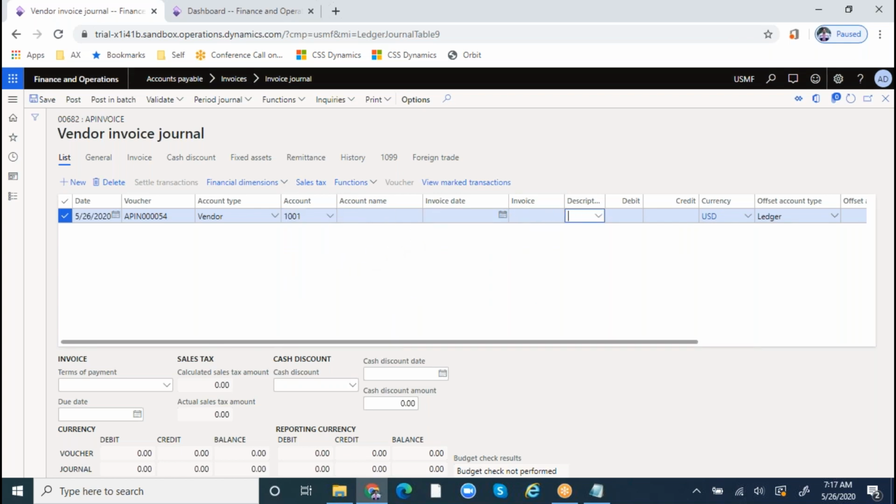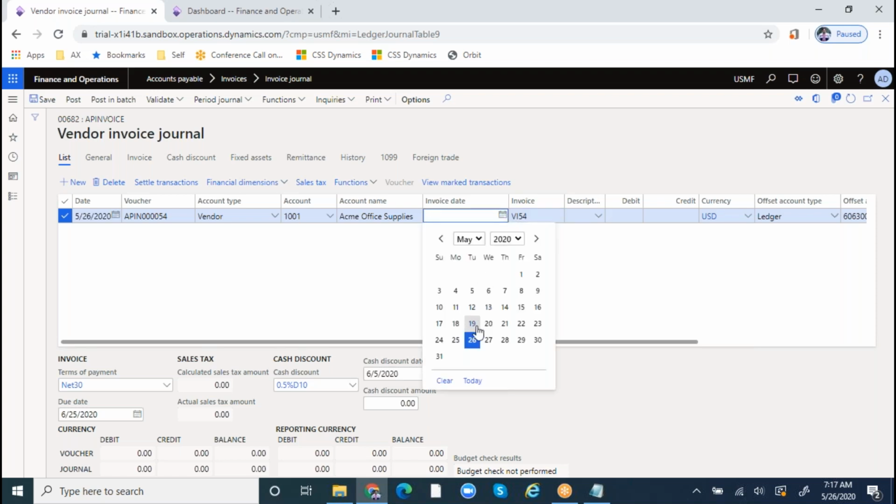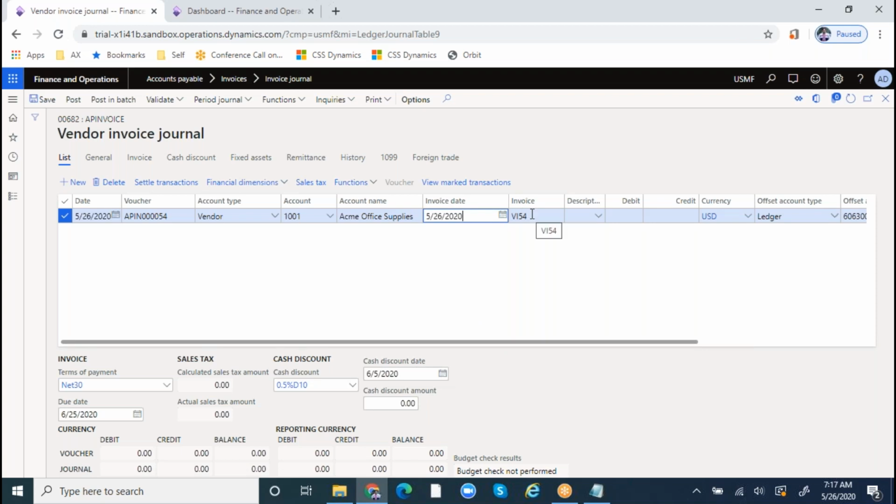Once the vendor is entered, a vendor invoice means you have received an invoice from your vendor. So that invoice number should be entered. The invoice date is not mandatory, but as per best practice we need to map it.